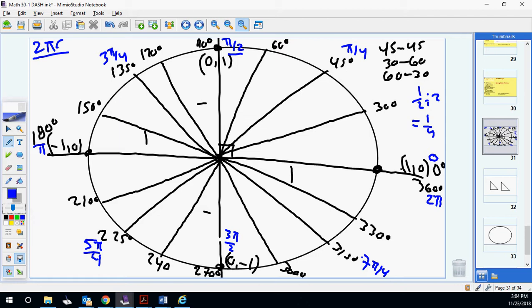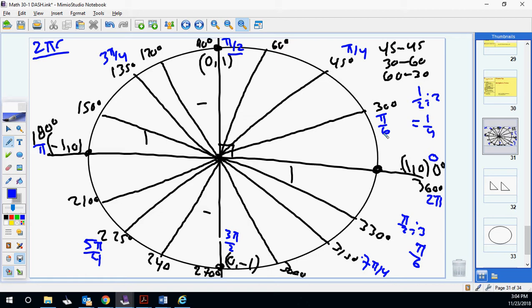Okay, so 30, if we think about it here, 30 is 1/3 of the way from 0 to pi over 2. So what if I did pi over 2 divided by 3? Pi over 2 divided by 3, if I do that little work down here, that's going to be pi over 6. So this is pi over 6 right here.